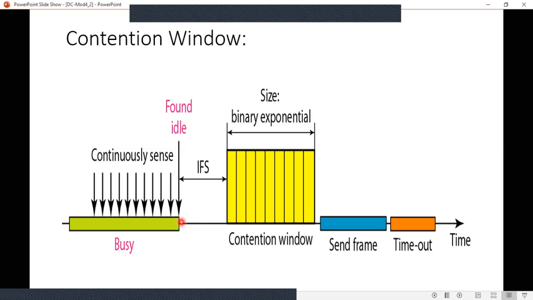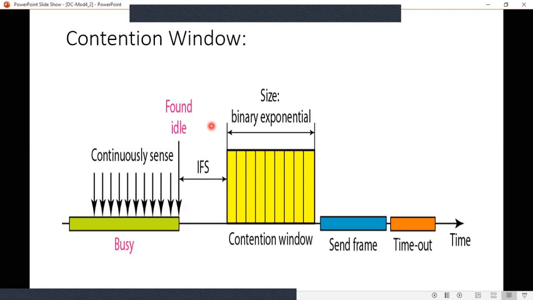Instead, it will wait for a time period called the interframe space. It waits because if there are any collisions during this time interval, the channel will become busy after this interval. That's why.